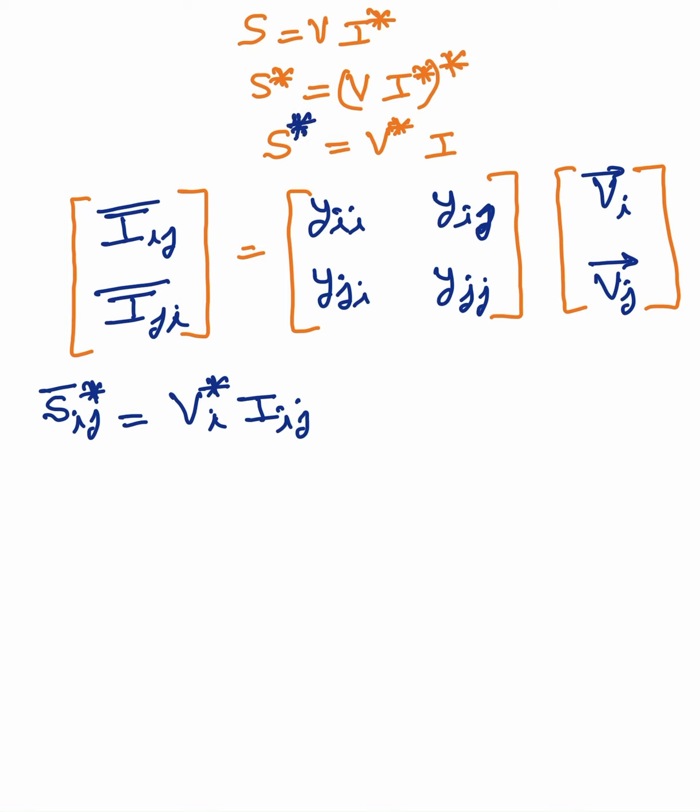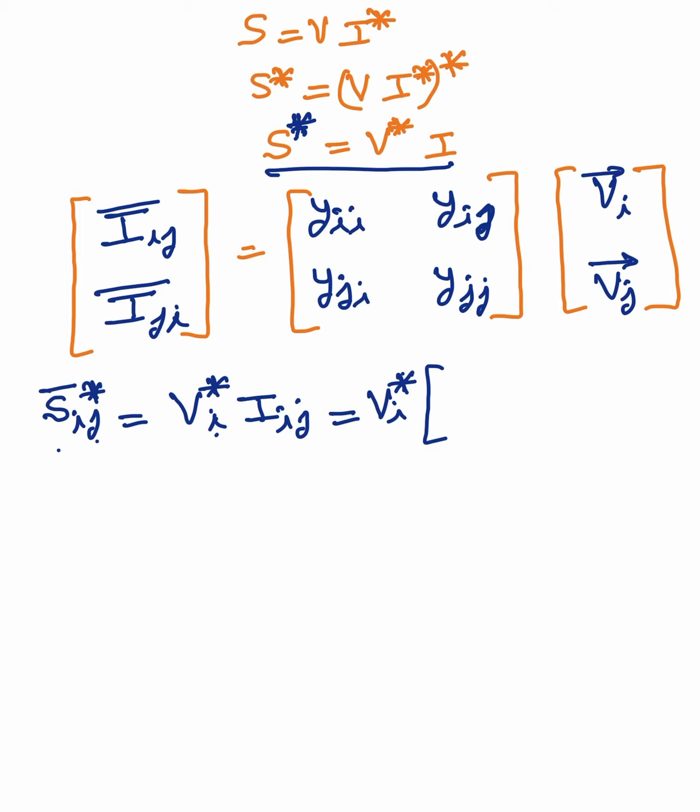S conjugate is equal to VI conjugate into I, so SIJ conjugate is equal to VI conjugate into IIJ. So you can write VI conjugate, and what is the value of IIJ?